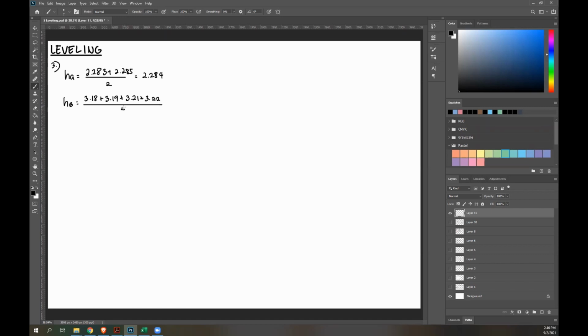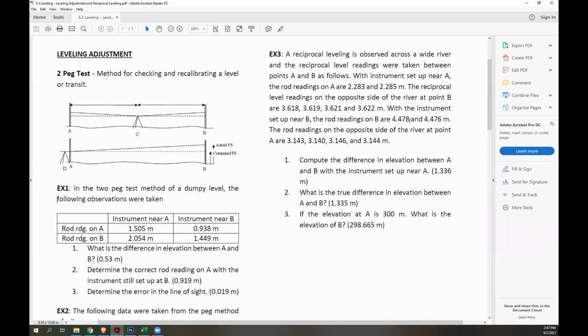And then there's 4 readings, so over 4, you're going to get 3.620. Okay, next part.